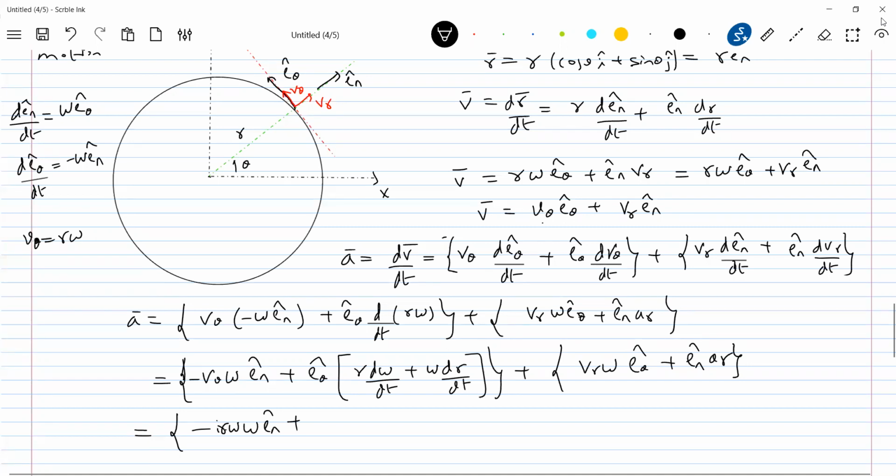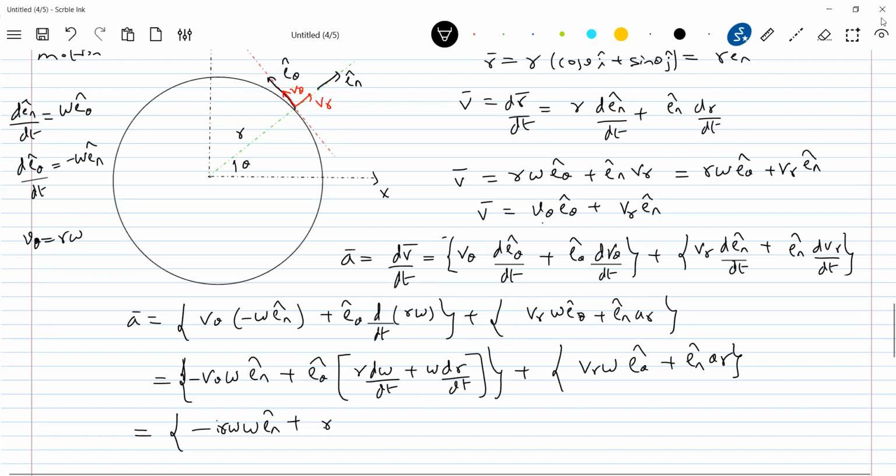So den cap by d theta is what equal to omega e theta cap. Yeah, okay, fine. Now let's see that. This will be r into e theta cap.